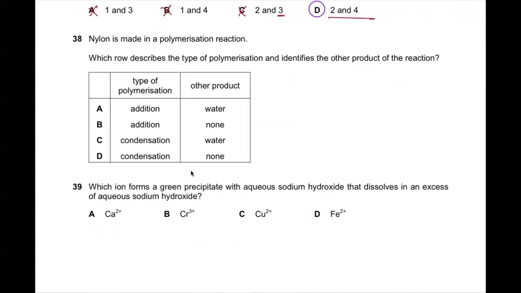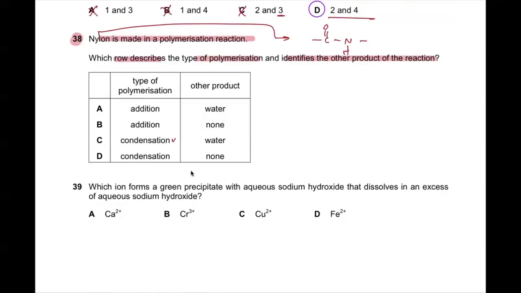Now, MCQ number 38. Nylon is made in a polymerization reaction. Which row describes the type of polymerization and identifies other products of these reactions. So the type of nylon, if you recall, nylon is a polyamide.